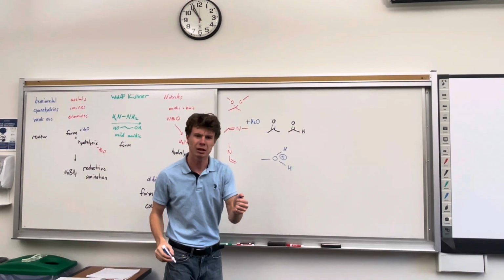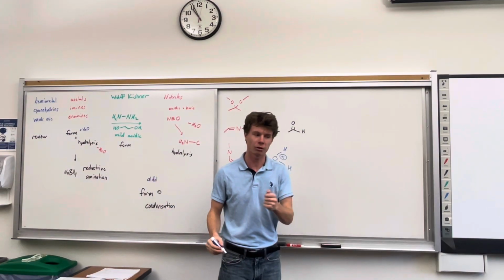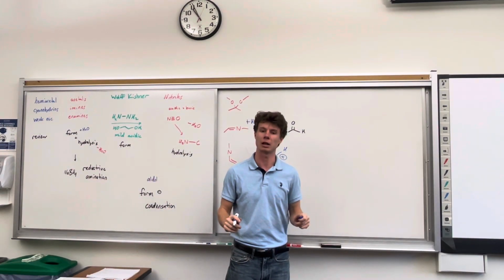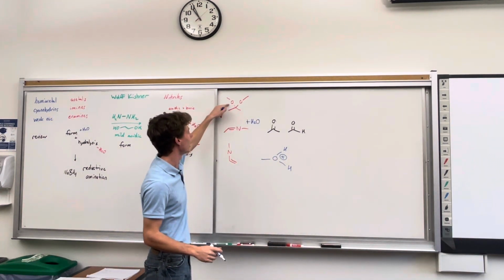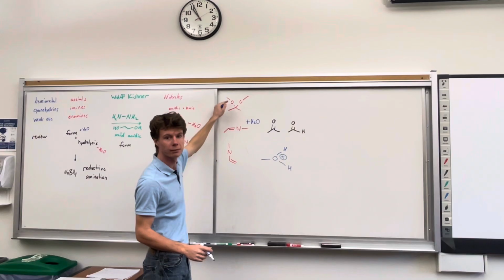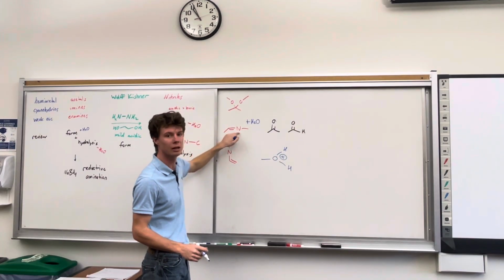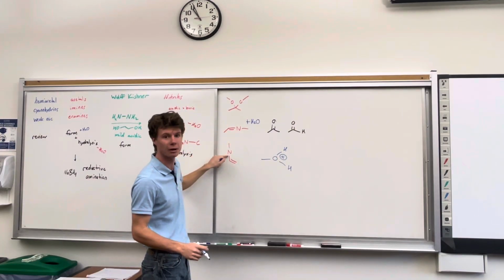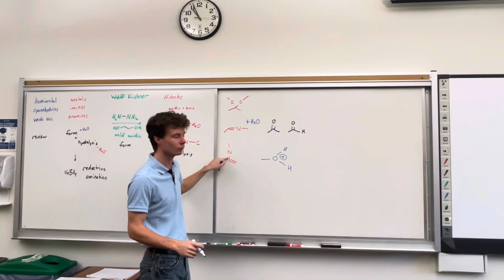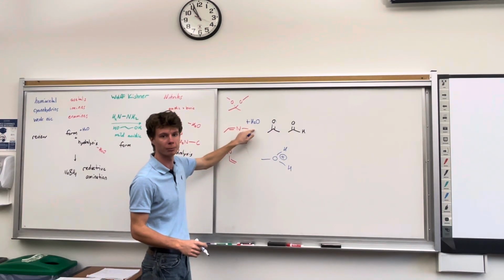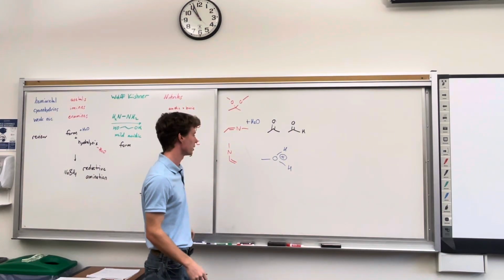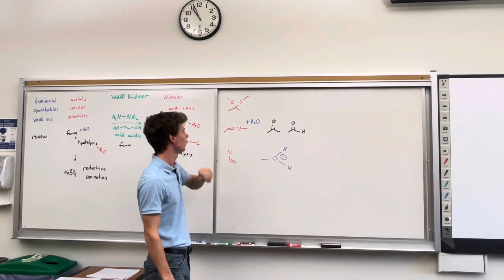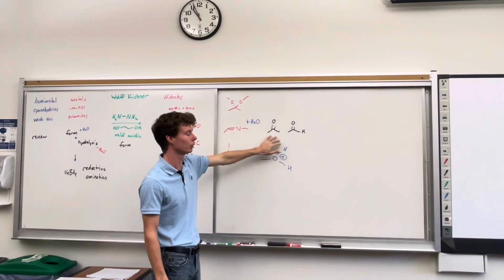If I want to make something leave, give it positive charge. That way when I push electrons onto it, it's stable. So you'll see here, I want an oxygen to leave, protonate it. I want nitrogen to leave, protonate it. If I want nitrogen to leave down here, we're going to protonate it. Water is going to be our lysing component here, and it's going to be our attacking species. And if we get the right leaving groups and we're attacking with water, we'll end up with our carbonyl products there.